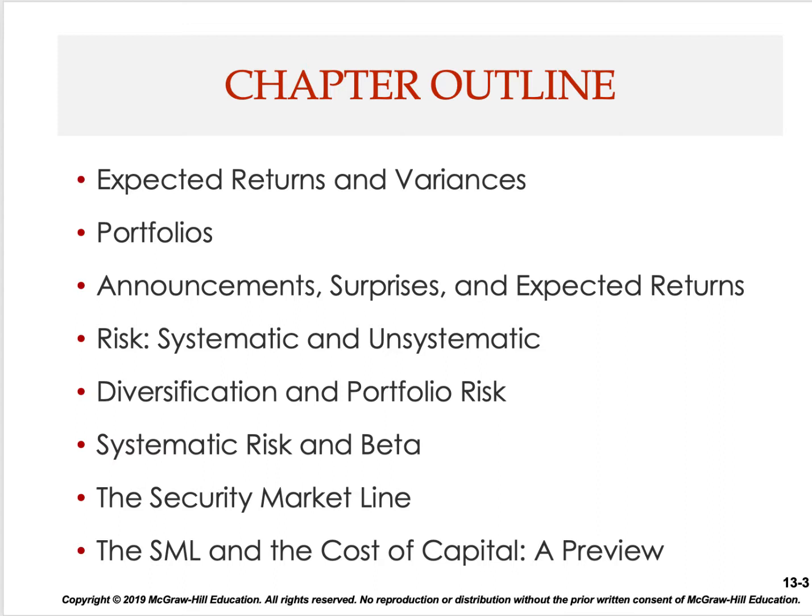What do those announcements do to the marketplace, to the financial markets? We'll talk about risk, systematic risk, and unsystematic risk. We'll also talk about diversification and portfolio risk. We'll look at systematic risk, and we'll talk about beta, and we'll also look at the security market line.